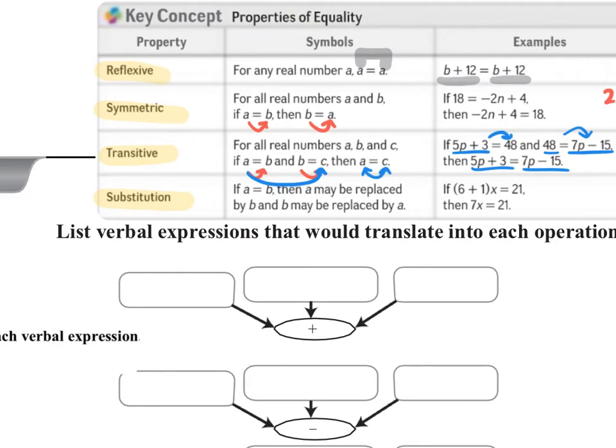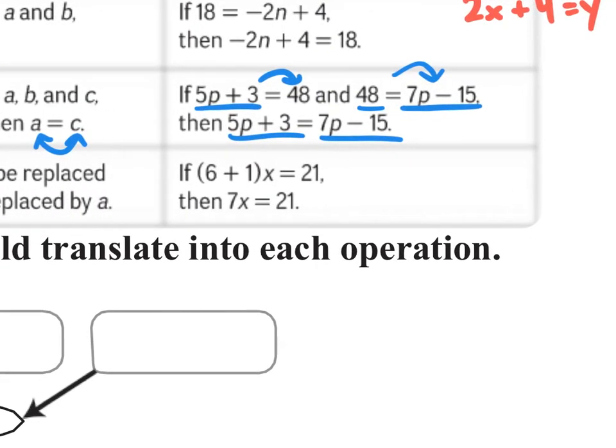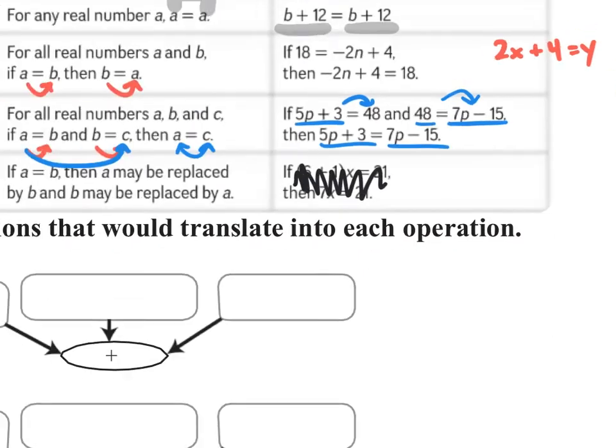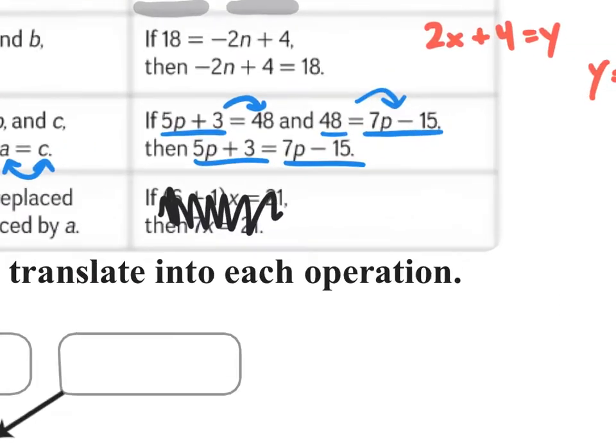And then finally, the substitution property: if a is equal to b, then a may be replaced by b, and b may be replaced by a. I'm going to change this example here for us. The substitution property allows us to do some easy substitution, and we'll do this when we're solving systems of equations.